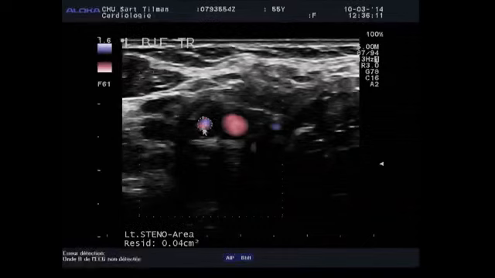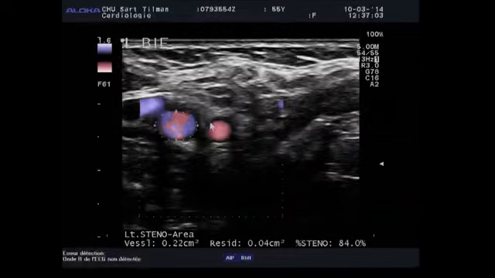Here's the stenosis, and then you compare it as I've just done with the Nesset method, but instead of using diameter measurements, I use area measurements. And as you can see, I have an 84% stenosis. It's a well-known problem that when you use area measurement, you will overestimate the stenosis.